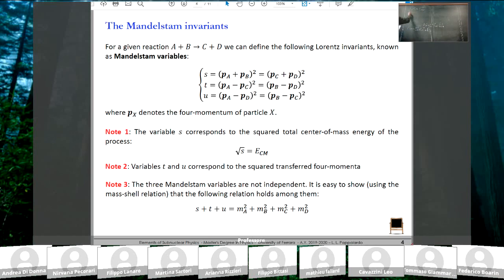In this specific case, the center of mass energy, which is square root of S, is just twice the energy of each beam particle in the collider. We can further split it into twice the kinetic energy of the protons plus the mass of the proton.